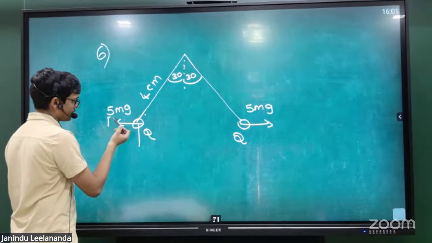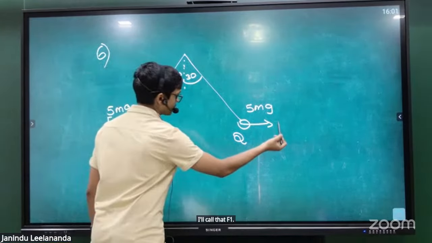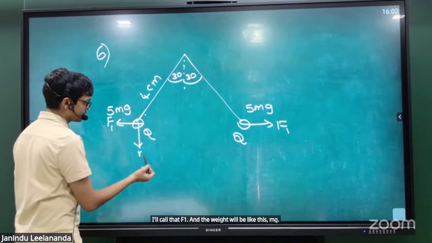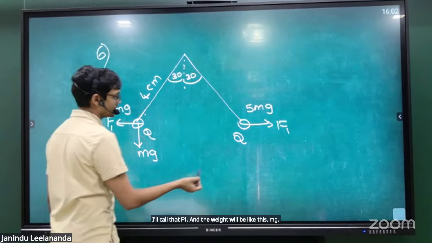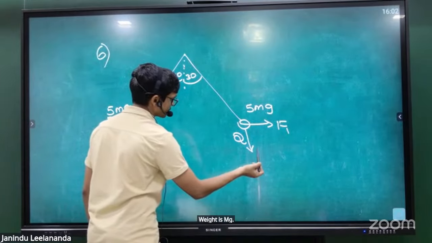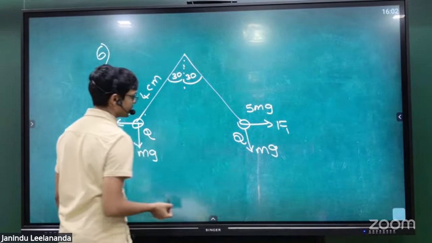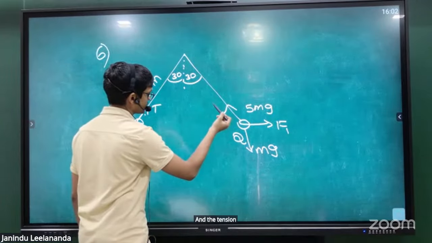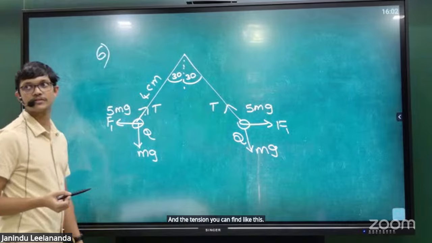I'll call that F1, and the weight will be like this, mg. Weight is mg. And the tension you will find like this.